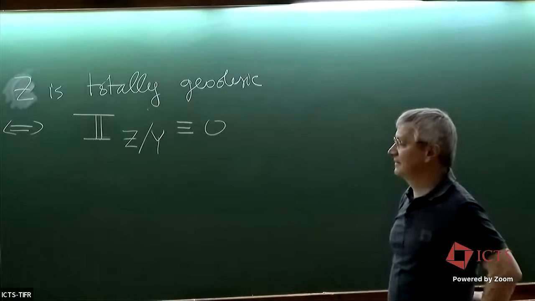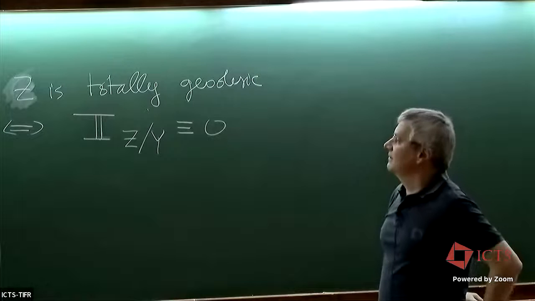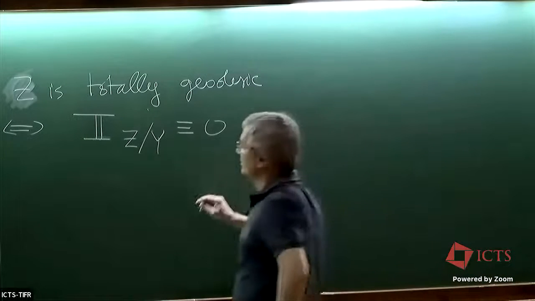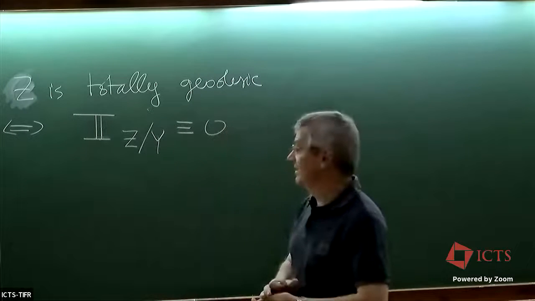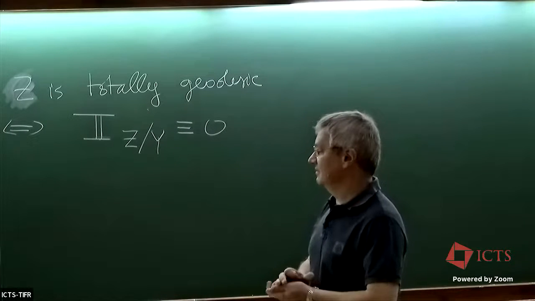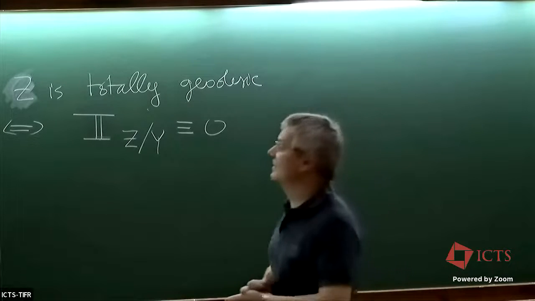So this is the case where the second fundamental form is trivial. And actually, we might also remark that usually a general Riemannian manifold has very few totally geodesic submanifolds.